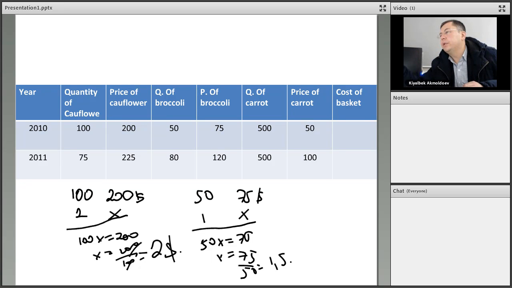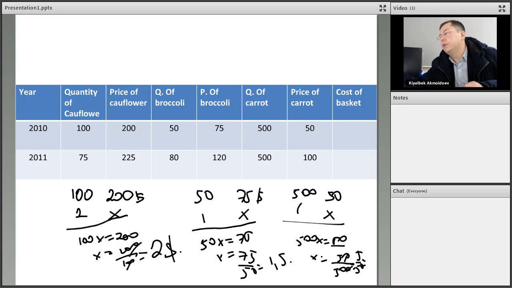What about carrot? Quantity of carrot is 500. If they buy 500 carrots for $50, then 500 x equals 50, x equals 50 over 500, which equals $0.1.